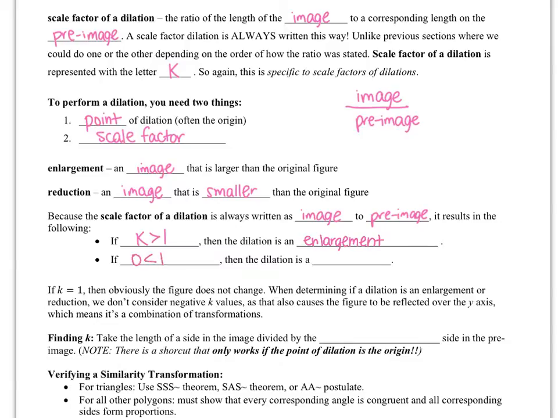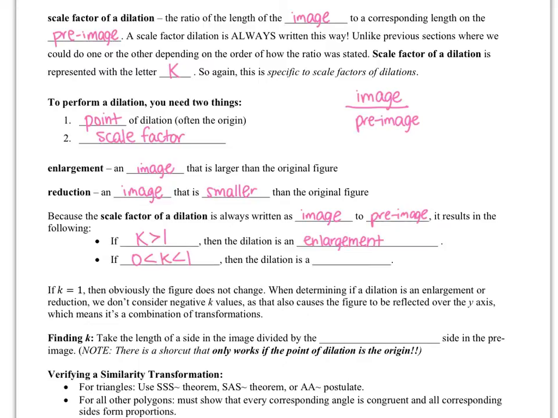If k is between 0 and 1, so notice I'm restricting it to between 0 and 1 and not just less than 1, because if k is less than 1, then it would flip the figure over. If we're looking in the coordinate plane, it flips the figure over an axis as well. So we're not considering negative k values.